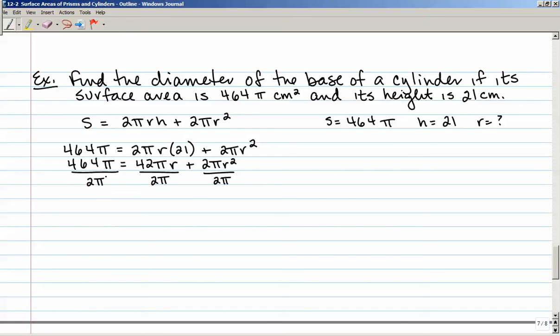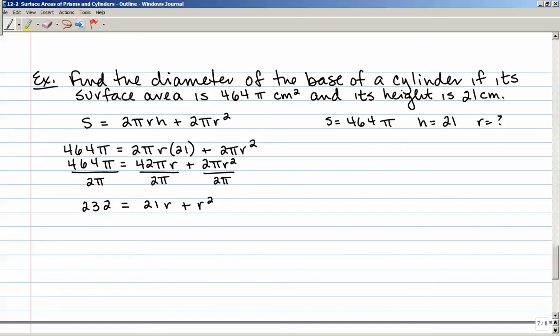Nice thing about that is all of my pi's are going to cancel out, and that's going to leave me with 232 equals 21r plus r squared. My pi's cancel out and my 2's cancel out, leaving me with r squared. My pi's cancel out, 42 over 2 is 21. My pi's cancel out, and 464 over 2 is 232.